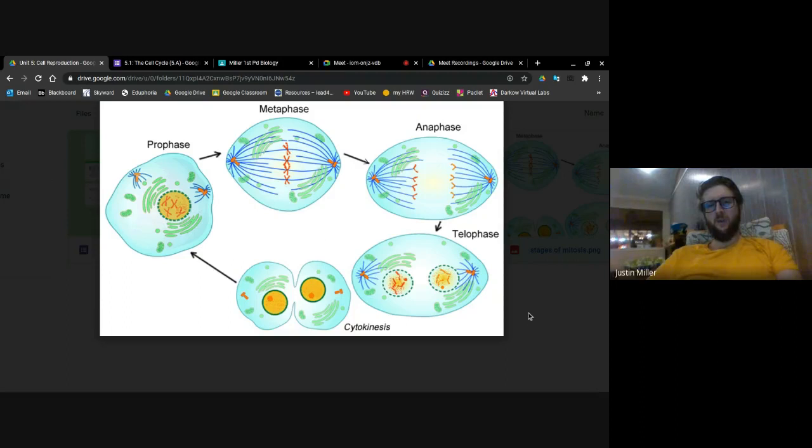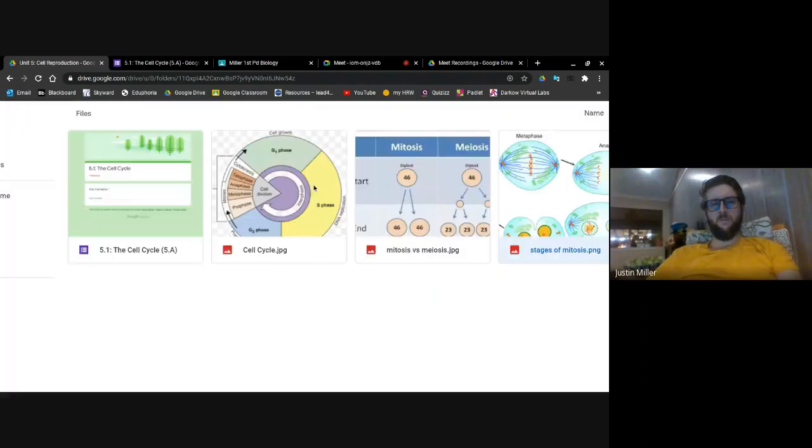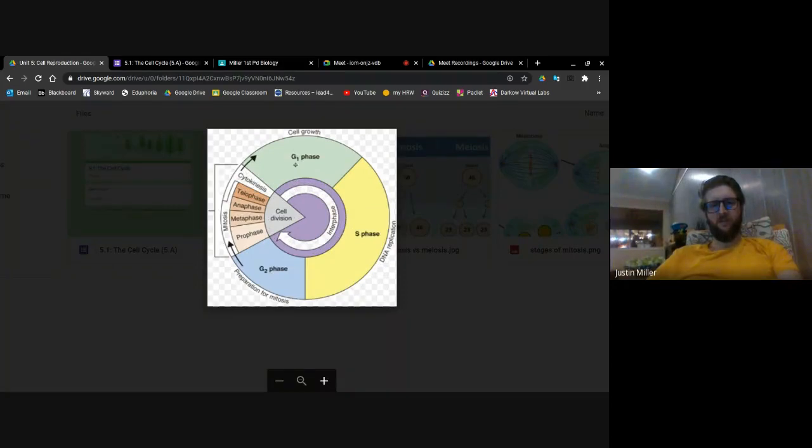And they will go right back into the G1 phase, where they're just growing, developing to an adult cell. So after cytokinesis, where they're split, they each go into the G1, they grow and mature, then they double their DNA, then they prepare to go through mitosis of their own and split in half again to make their own daughter cells.